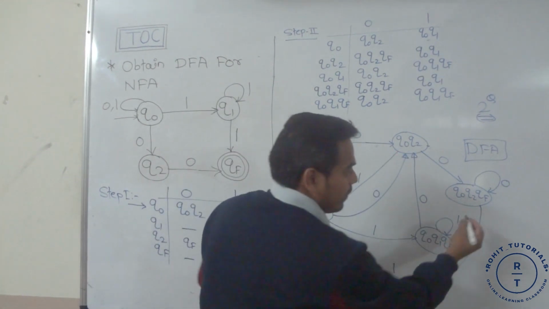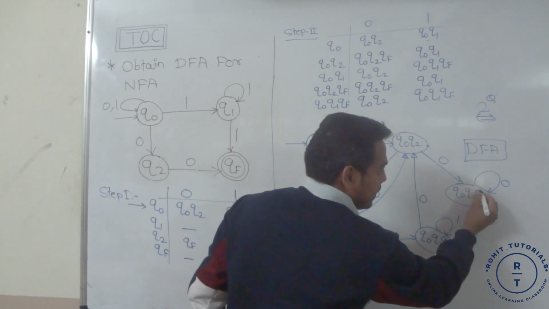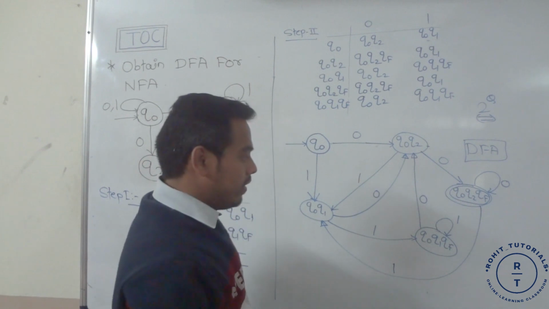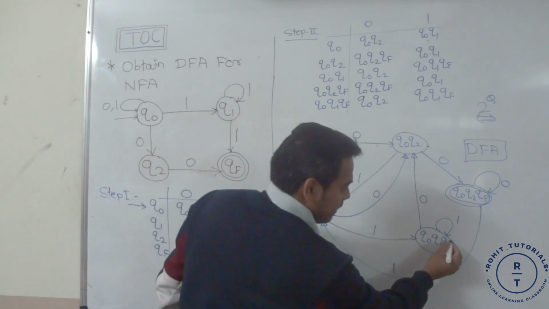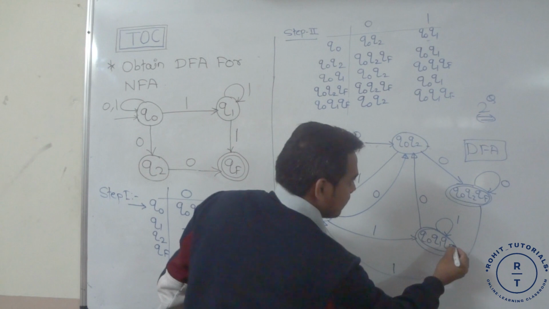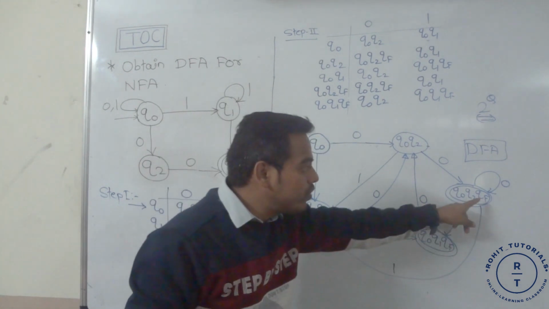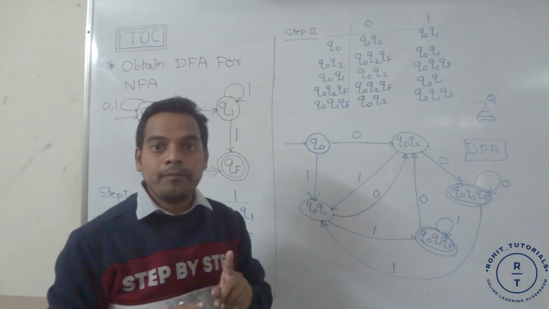Here Qf is available. Q0, Q2, Qf is available. So that's why we consider this as a final state. Now again, this state is also called a final state. It means there are two final states available because they contain Qf as a symbol.